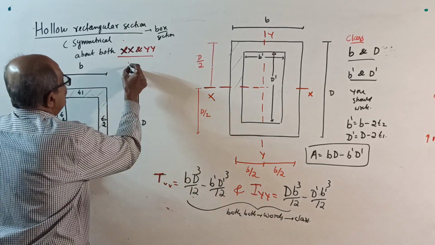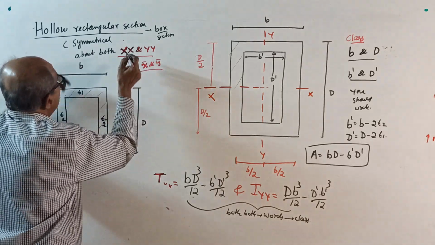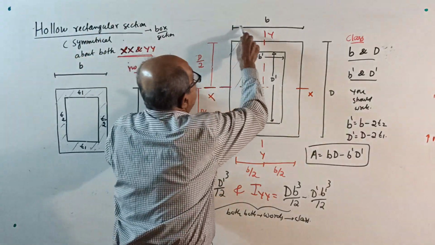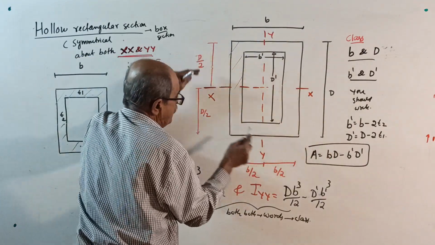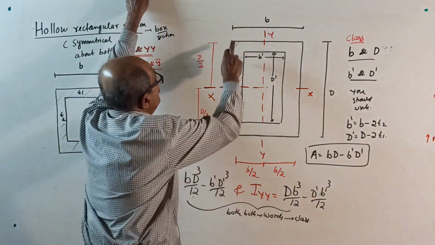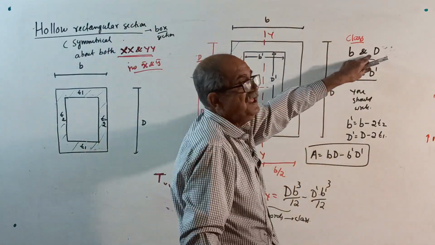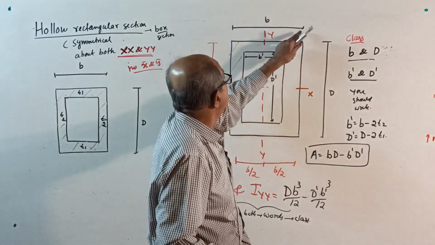Now, this is a given section. No need of x bar and y bar because xx, yy both are axes of symmetry. B, D, xx, yy, D by 2, D by 2, B by 2, B by 2. B and D are outer dimensions, full width and full depth.